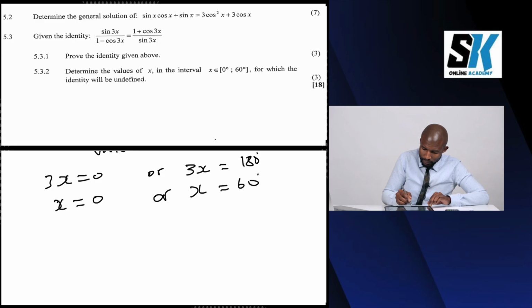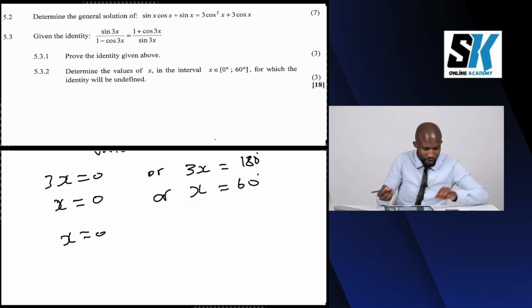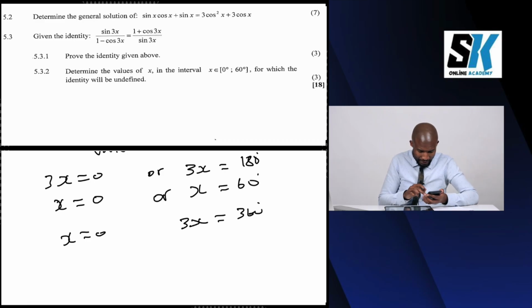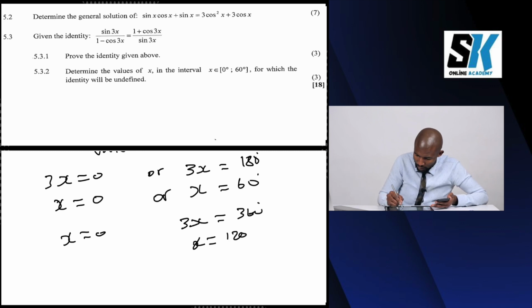So if we go at it again, x will still be 0, and then 3x will be equal to 360. So when we divide by 3, that will be 120.